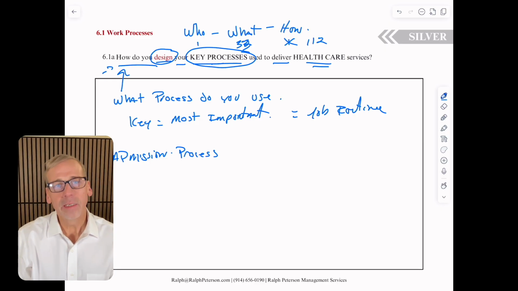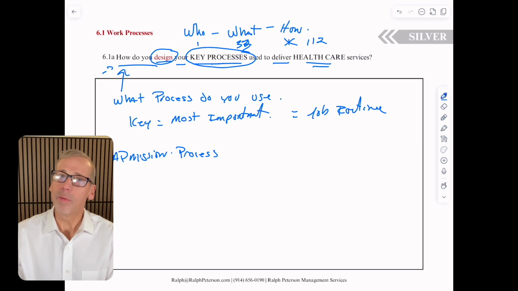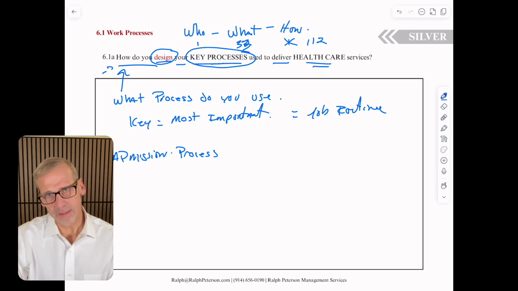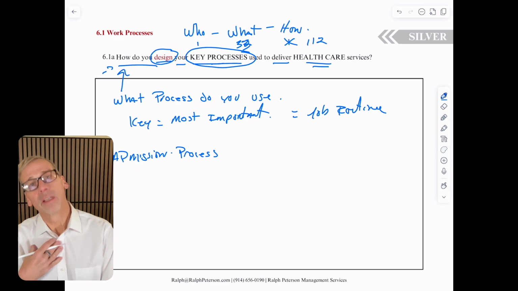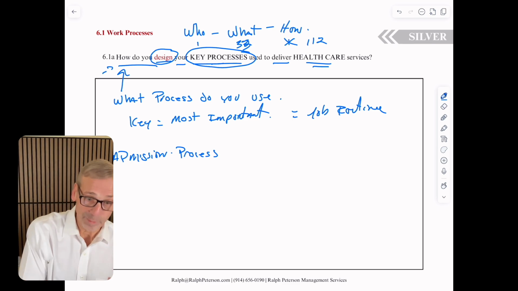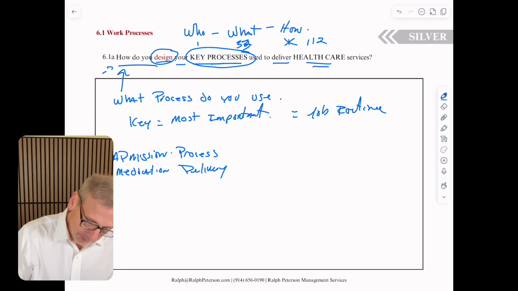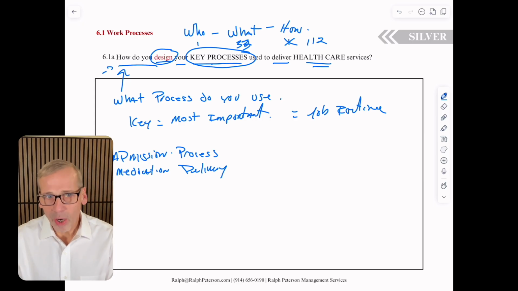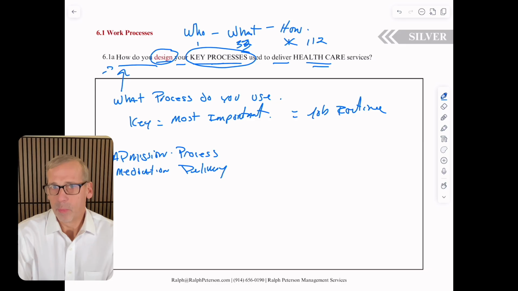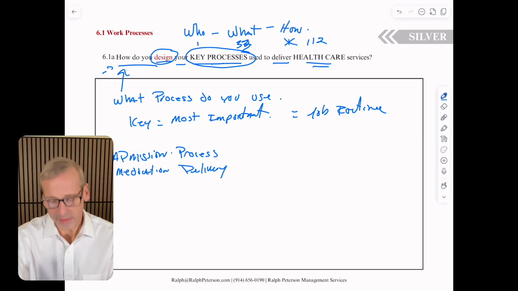is, I would argue, a very important process, right? It's a key process. It is a most important process that we use to deliver healthcare services because we need to get them in the building. Medication management or medication delivery is a key process that we use to deliver healthcare services.